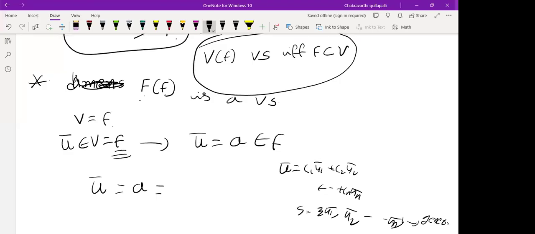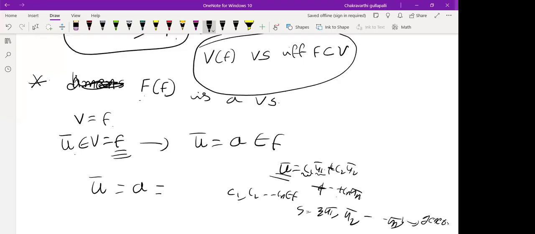If more than one vector is there, we write plus in between the combination. If only one vector is there, it is one scalar, one vector. These scalars should belong to the field F. So if you are able to express every vector of V as a combination of some vectors with scalars in F, then these vectors constitute what is called a generator for the vector space.